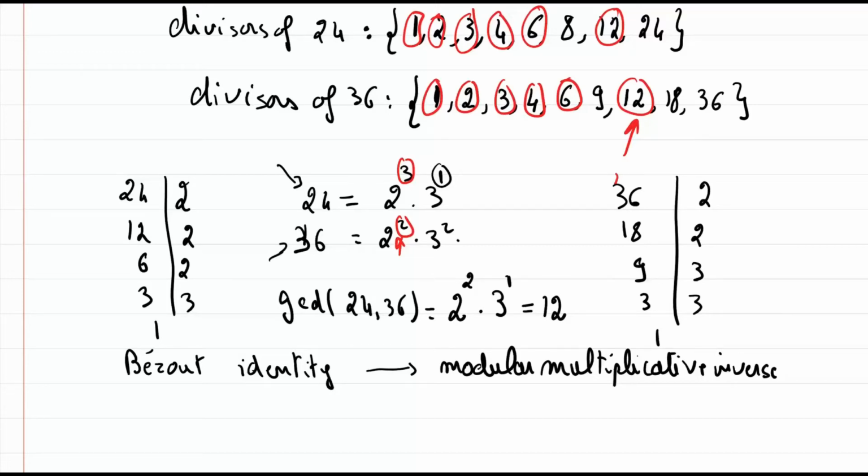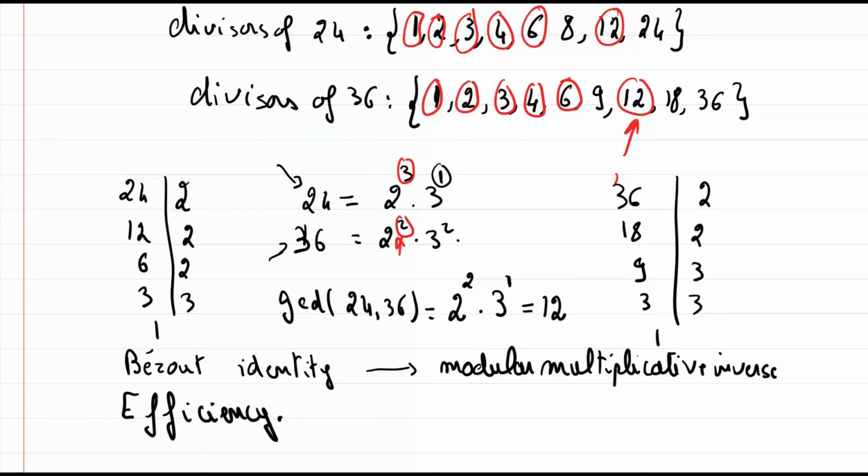Another reason why we like the Euclidean algorithm is efficiency. And this is a very, very good reason why we should like this algorithm, rather than the 2 algorithms I described before. So what do we mean by efficiency? Well, for small numbers, we don't talk about efficiency.